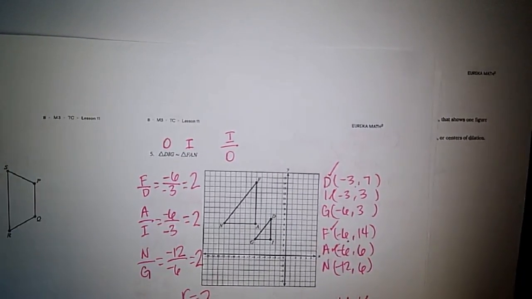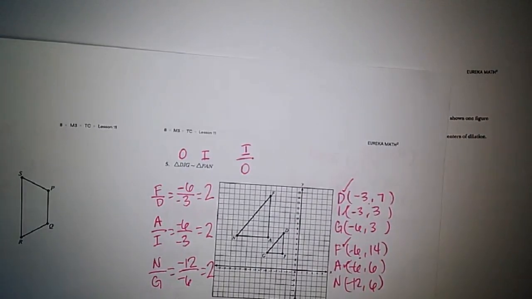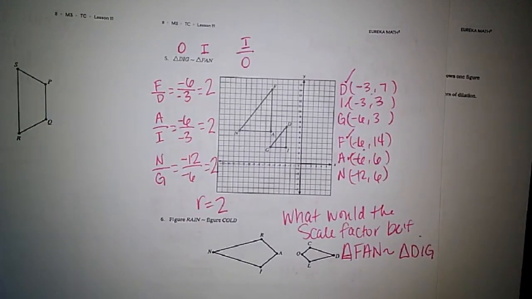So I'm going to give you about a minute for your team group to solve. Oh, I'm sorry. What would be the scale factor if triangle FAN was similar to triangle DIG? So if they swapped, they were opposites. So if my big triangle became my small triangle.